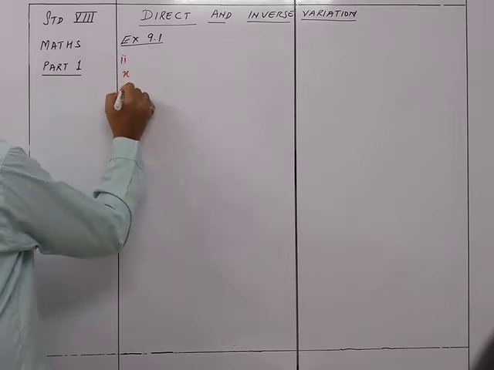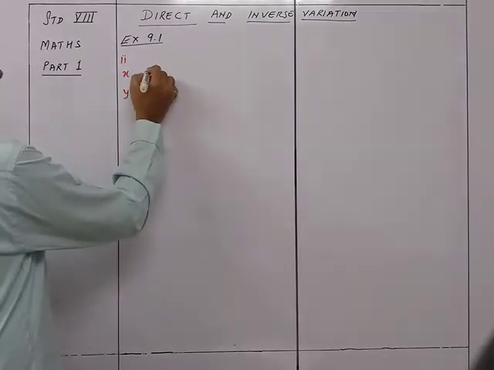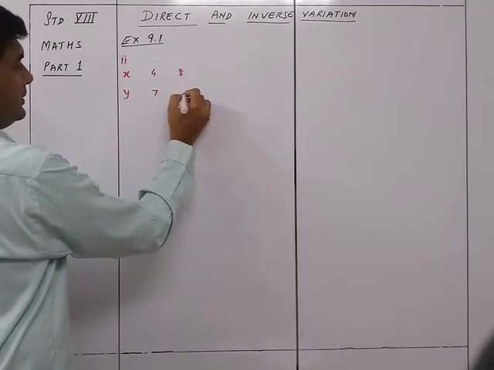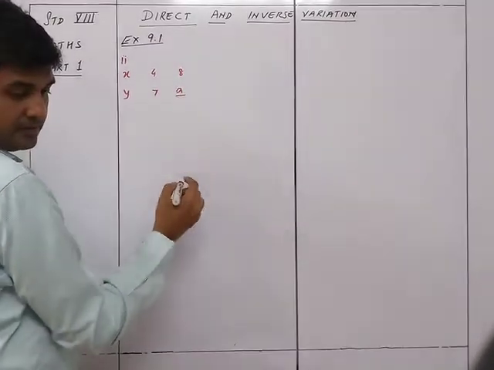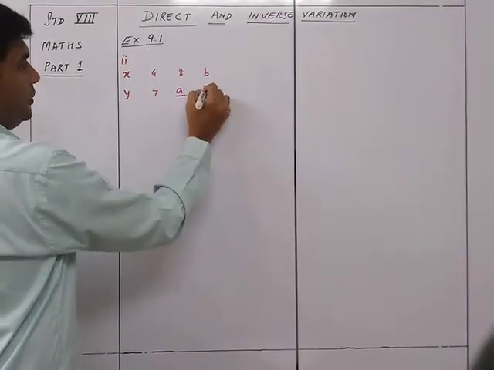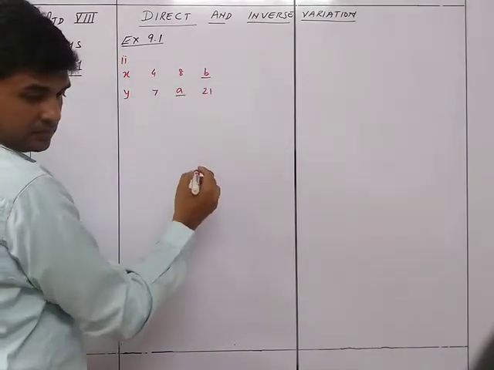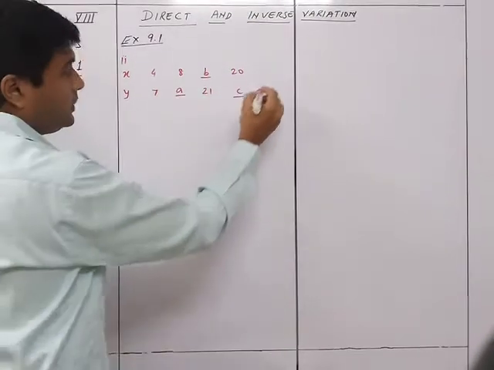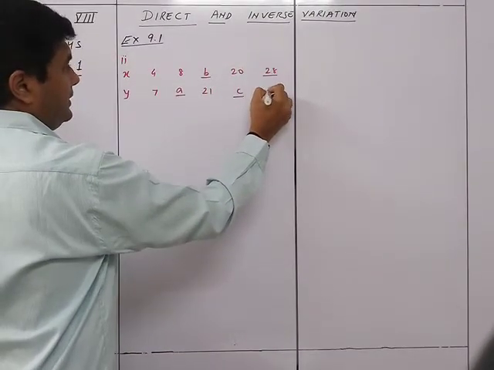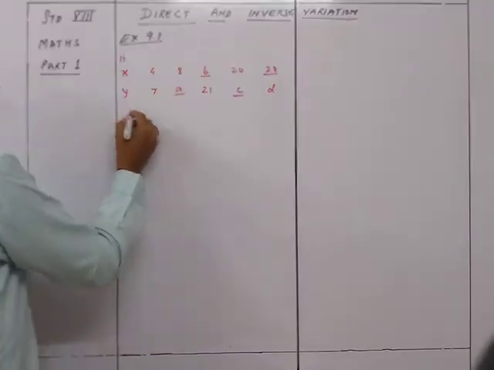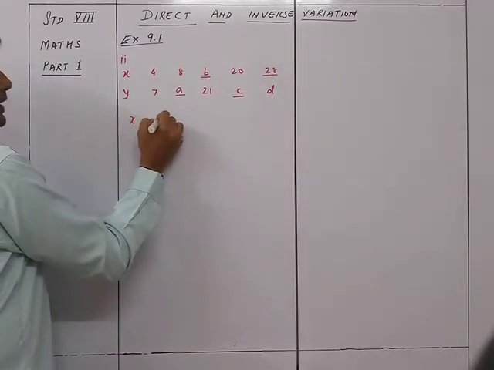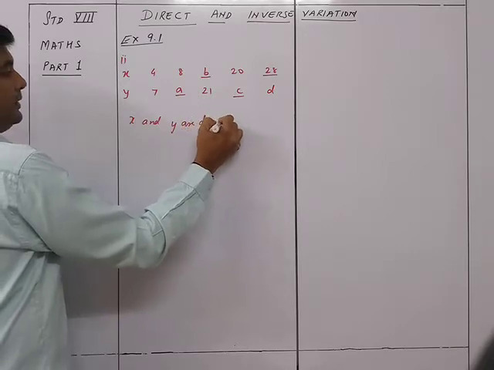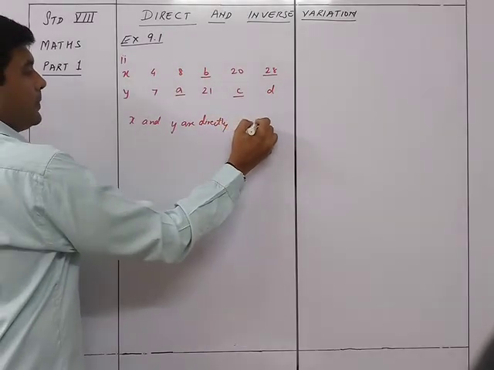So we have got x, y, 4, 7, 8, blank. So we'll take it as A, B, 21, 20, C, 28, D. So we know that x and y are directly proportional.